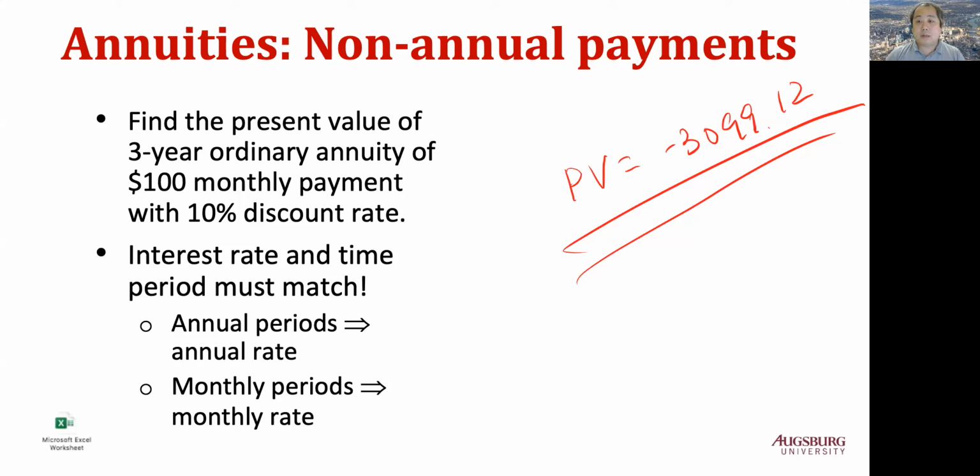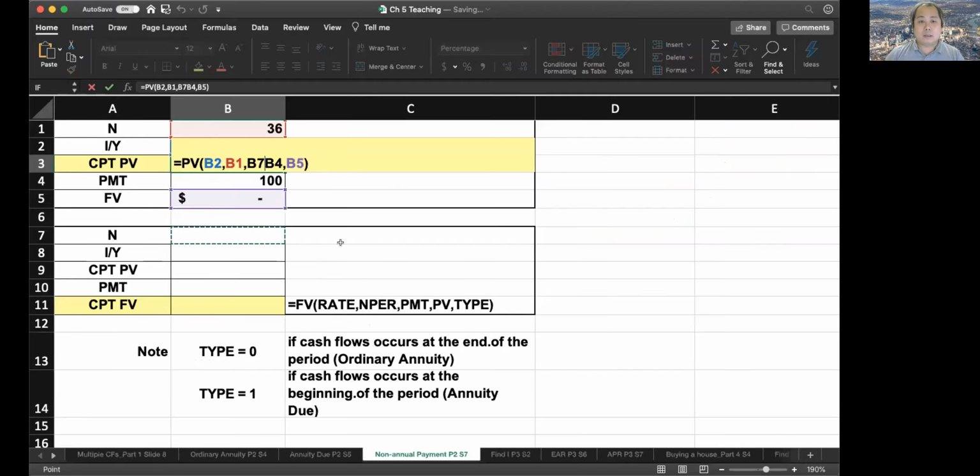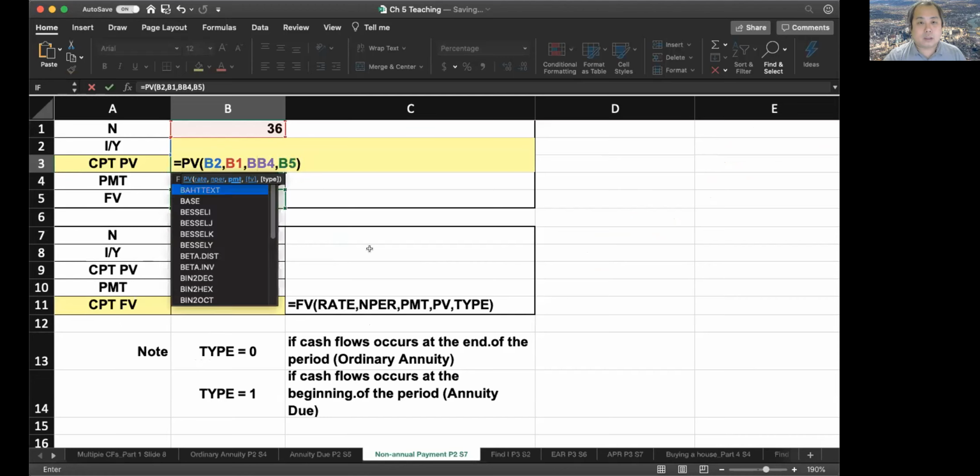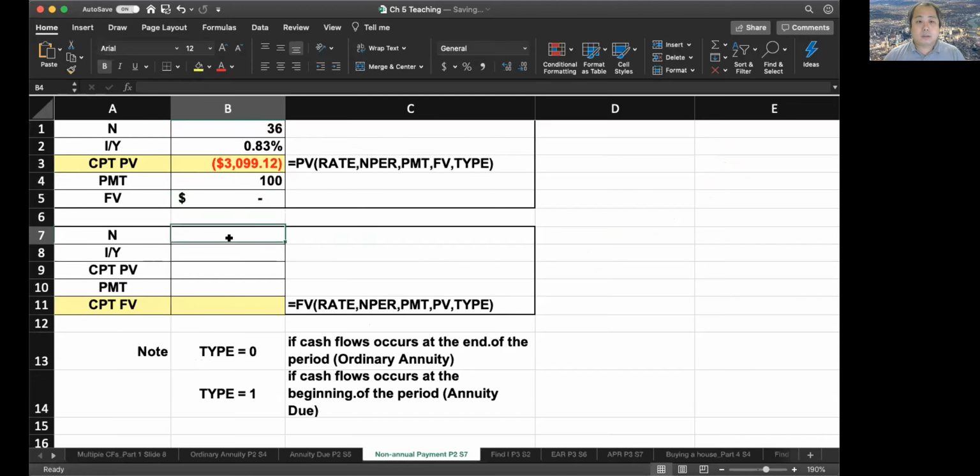Back to the calculator, I mean Excel. Then again, you can calculate future value with 36, same. And then this is 10% divided by 12.